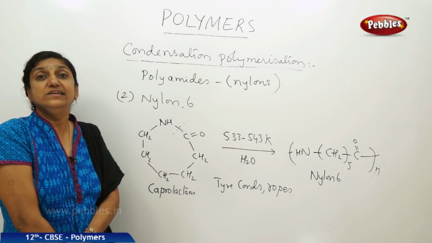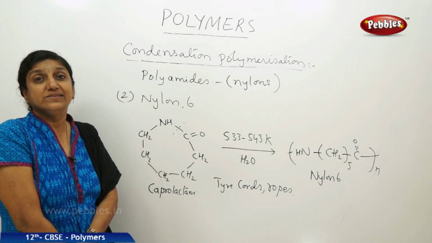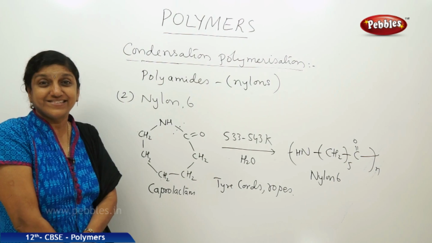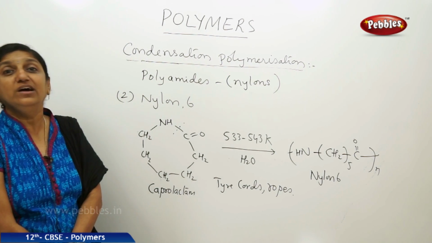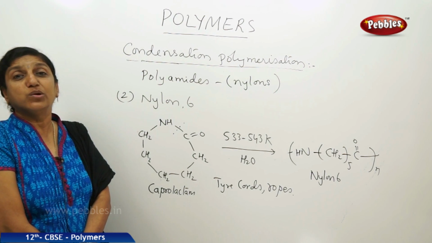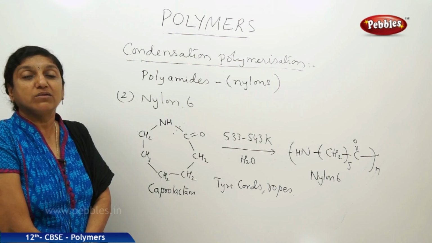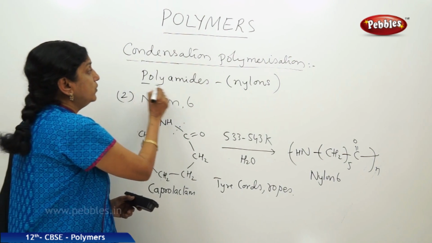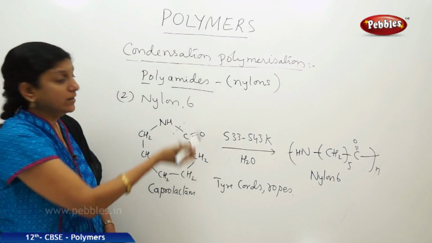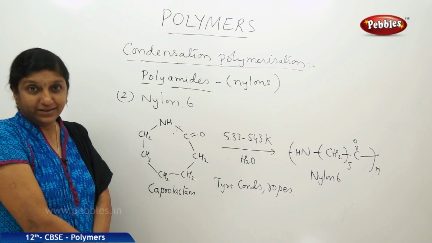Now we will see condensation between the alcoholic group and the carboxylic acid group. That gives rise to esters. So the functional group formed by condensation between a hydroxyl group and a carboxyl group is an ester group. That's why those polymers are called polyesters. Here we were talking about polyamides, where amino group and the carboxylic acid group underwent condensation.